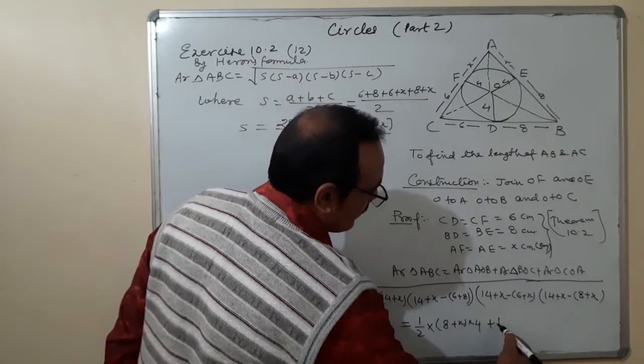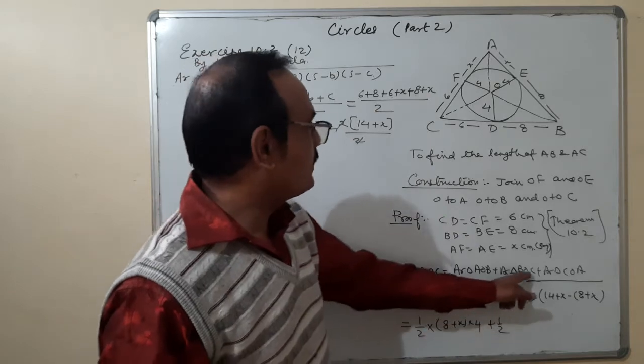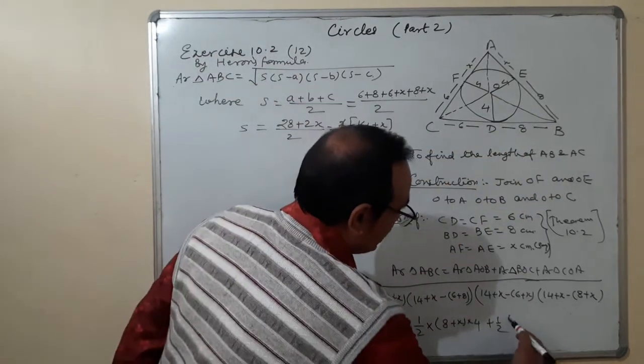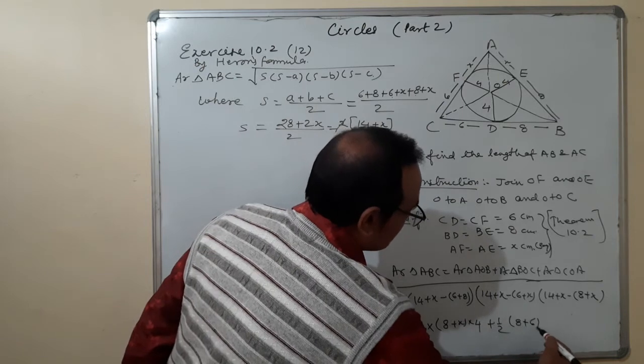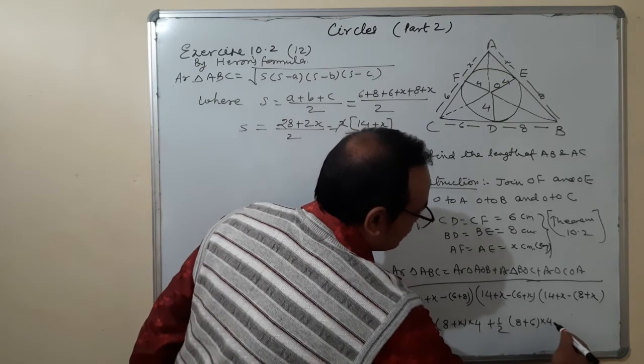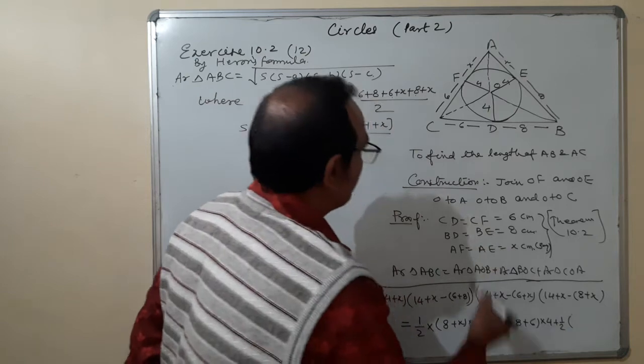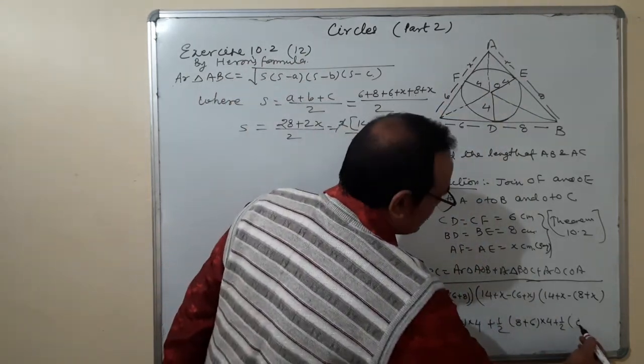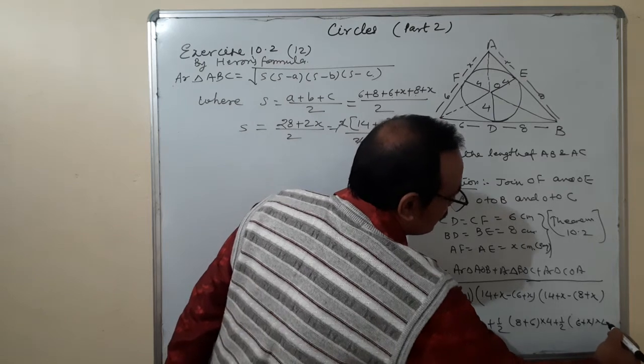Plus half into the area of triangle BOC, half into base into height, base 8 plus 6 and height 4. Plus half AOC, 6 plus x into 4.